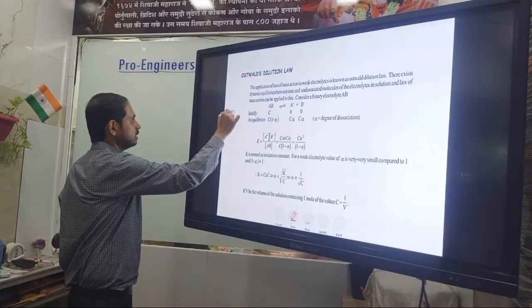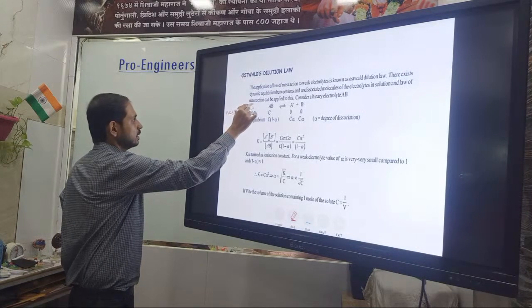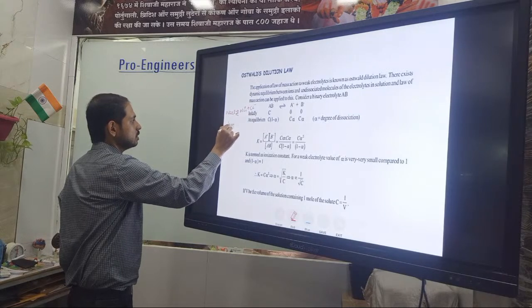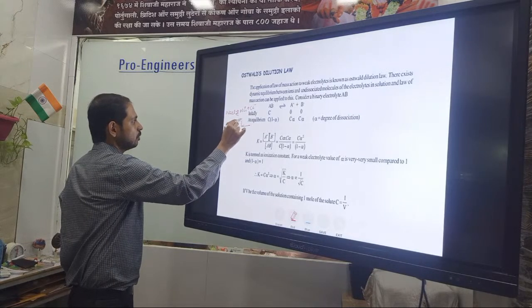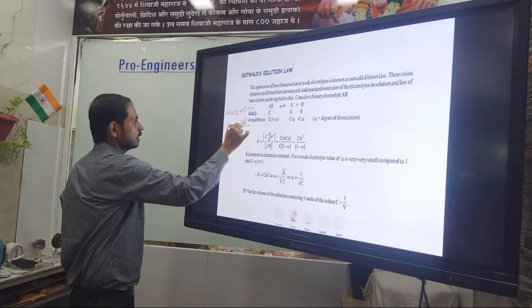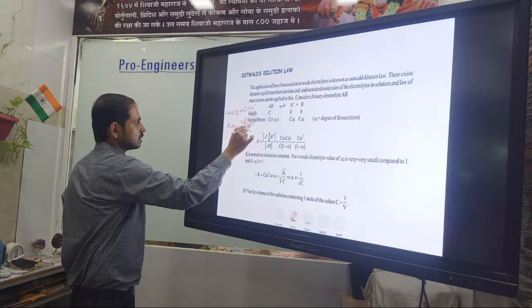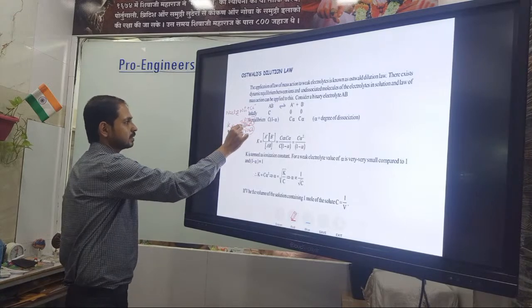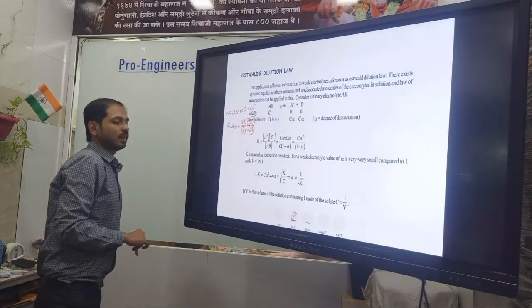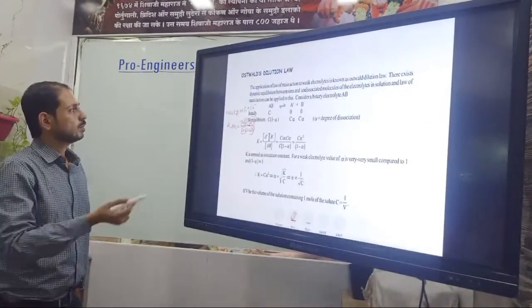So if you write NaCl dissociation equilibrium, Na plus and Cl minus, now we can write the equilibrium constant: the concentration of product by concentration of reactant. This is coming from the law of mass action.